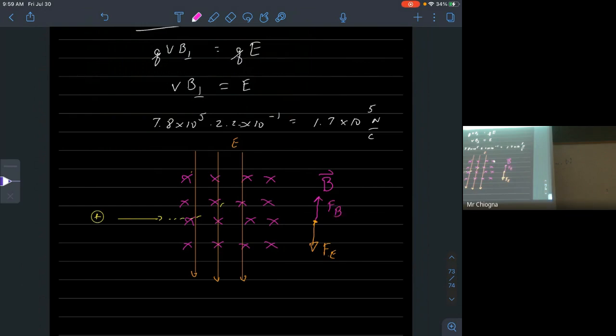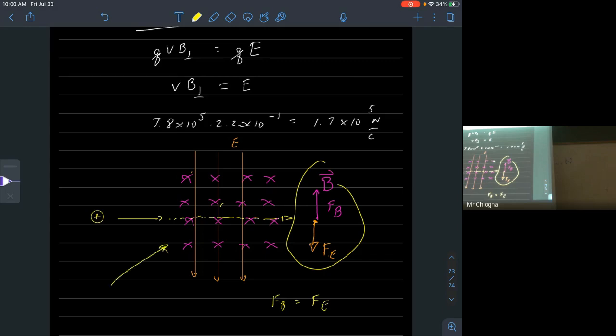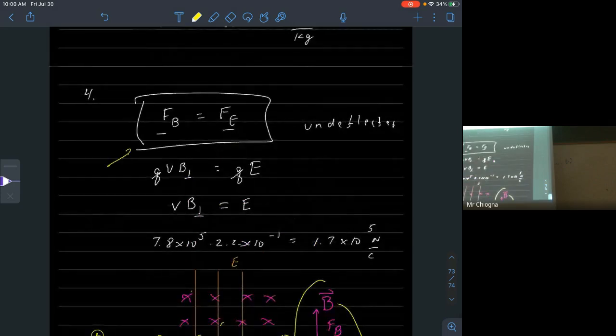Now they're balanced such that this alpha particle ends up just going straight through, undeflected. Straight through meaning it's not deflected due to the forces balancing each other. So FB will have to be equal to FE so that this takes place. It passes through undeflected. That's what I started with here. Okay, take a break.